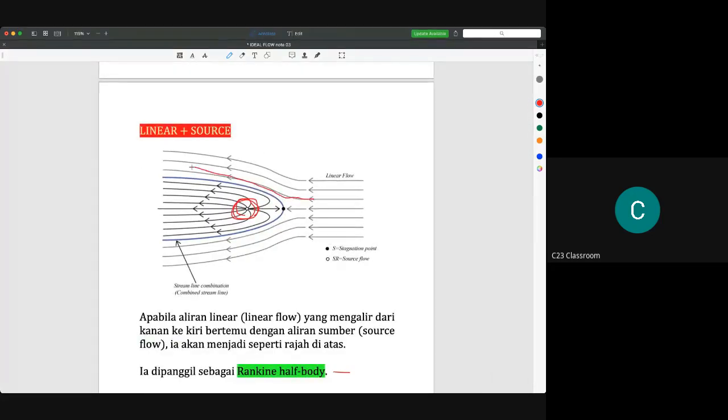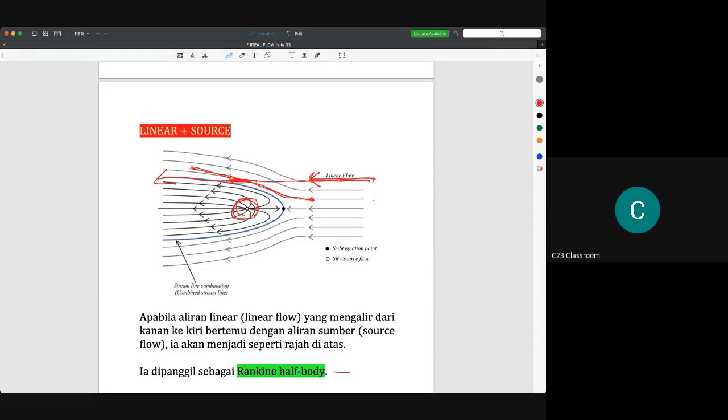Tetapi combination ini dibuat bukanlah simply dengan menggabungkan source dan linear, kerana awak perlu tambah elemen lain. Kerana kalau awak tidak menggabungkan linear dengan apa-apa parameter, linear akan tetap bergerak terus. So dia akan langgar yang ini.